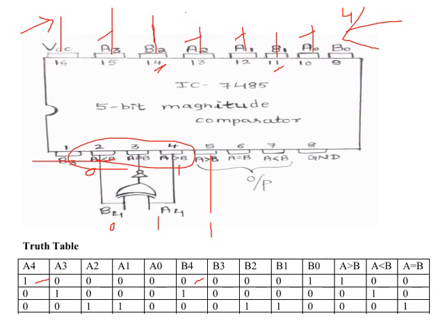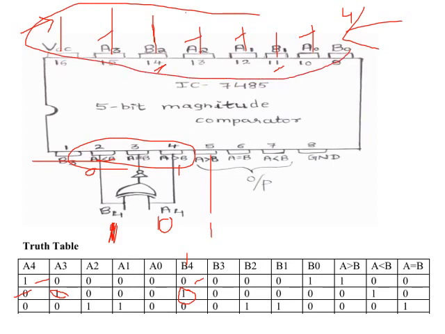Coming to the second example, here A3 is 1, but in the same example, B4 is 1. B4 has the highest priority, right? So B4 is 1 here, and A4 is 0. We will not see the other parts because this has the highest priority.